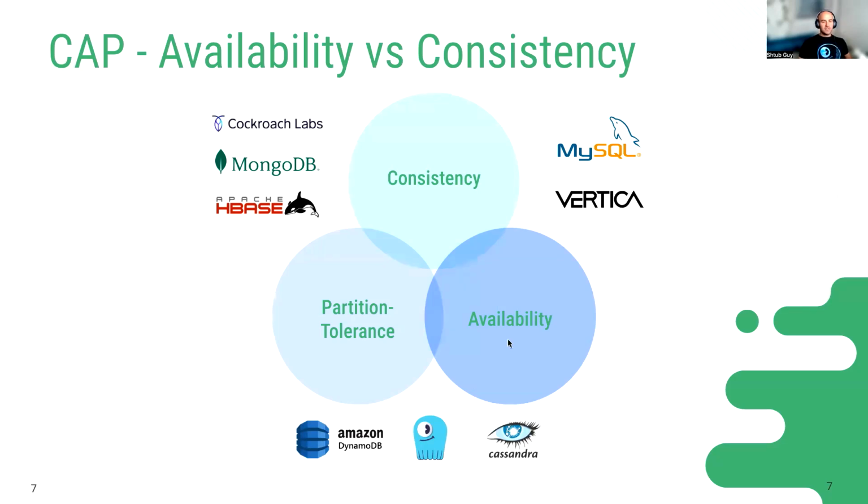That doesn't mean that those databases are not consistent. They provide something called eventual consistency, which is a whole different topic. I can do another complete talk just on that, but that's a bit out of scope. I'll just say that they do provide consistency, but they give a preference to availability over consistency.